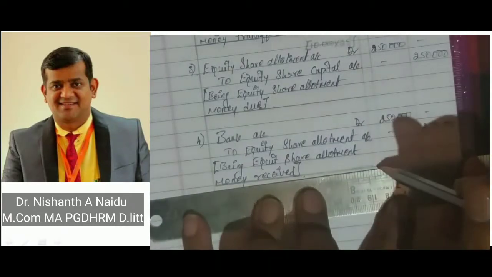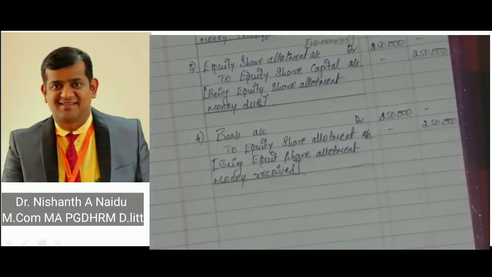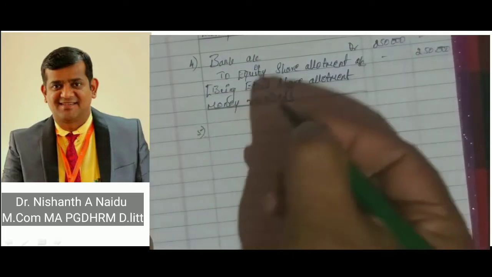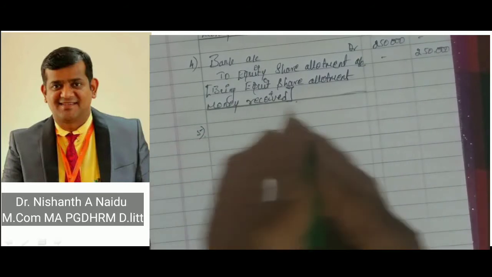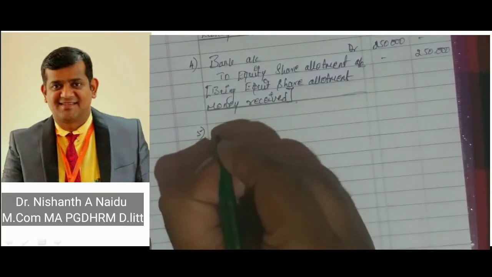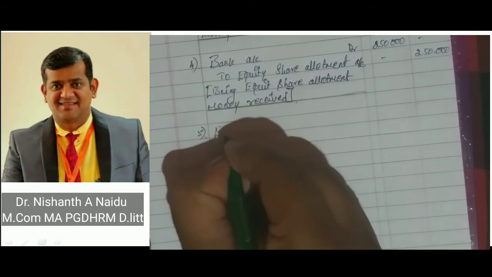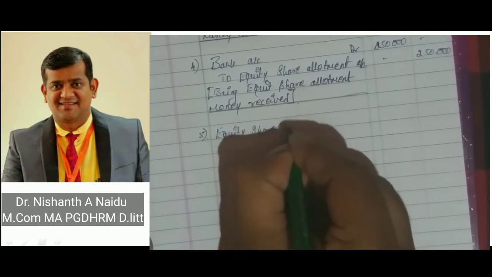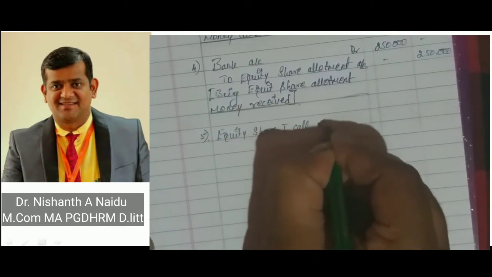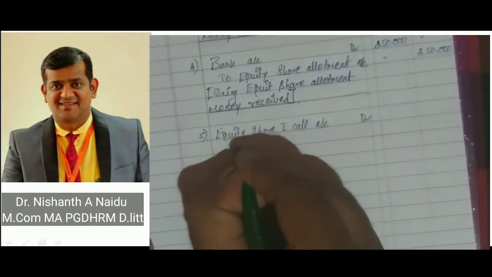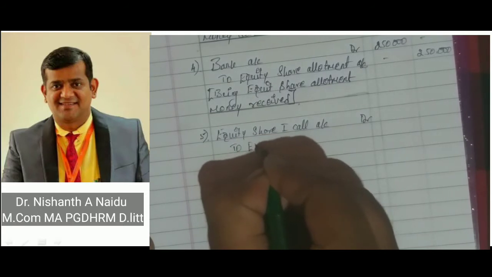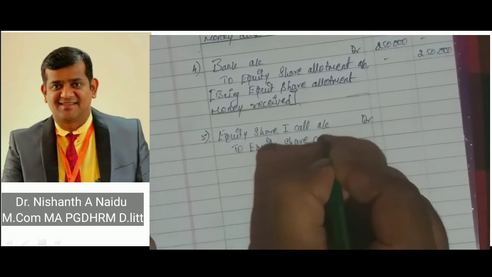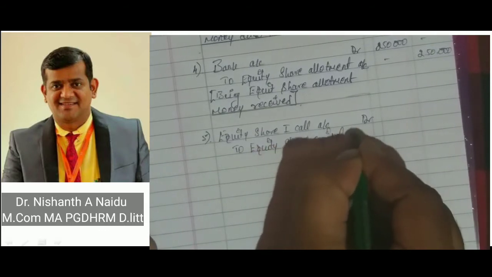Okay, so next I'm moving to the next entry, that is fifth entry. So let us pass the fifth entry, that is going to be a due entry for first call. Okay, so what is the entry for due? Equity share first call account debtor to equity share capital account.